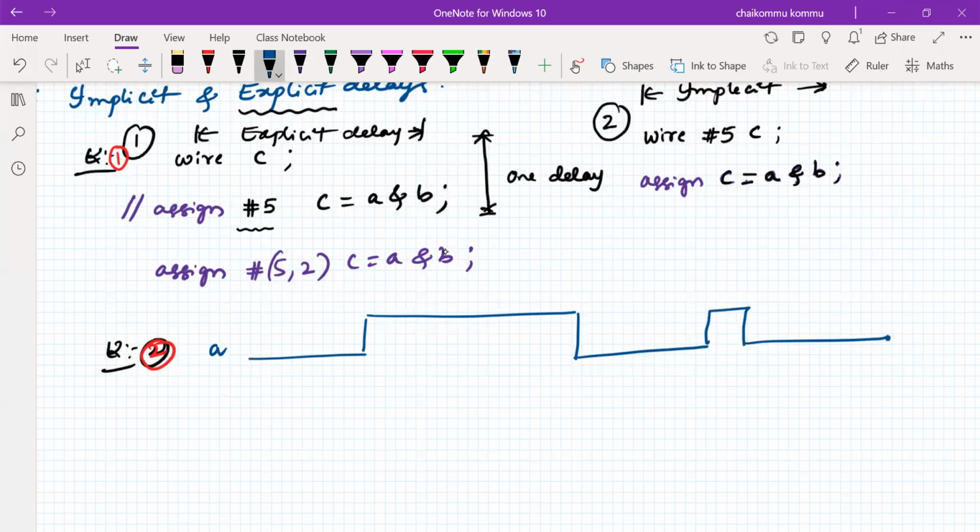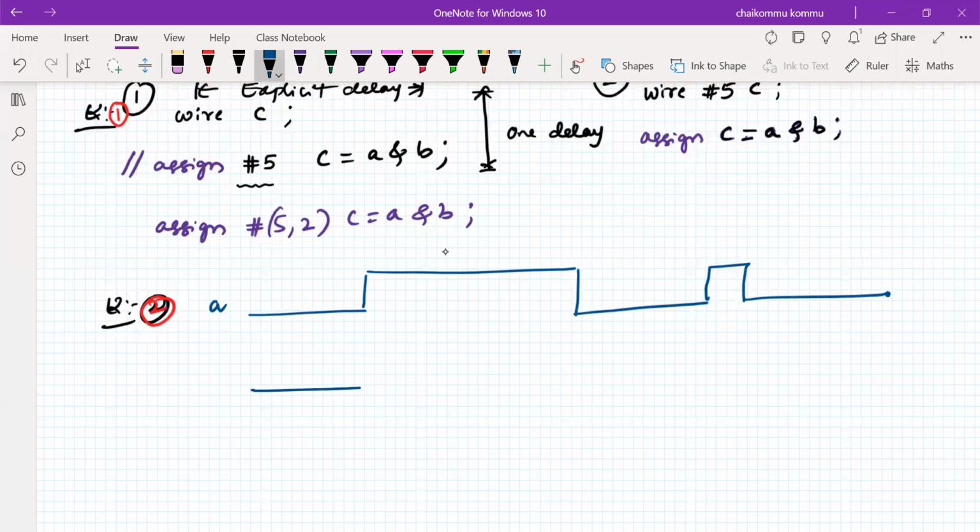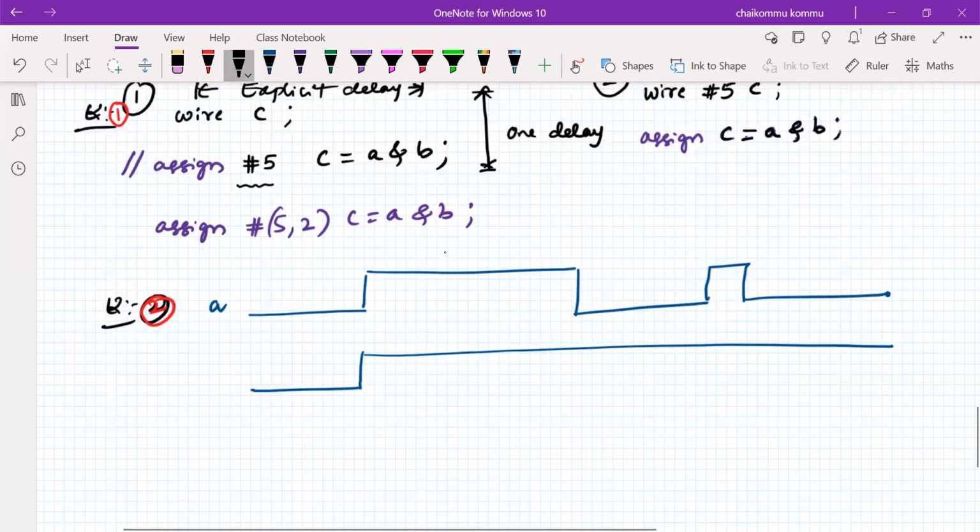B is also something like this. So the time values are something like this: 0, this is 10, this is 20, this is 60, this is 80, 85. Okay.